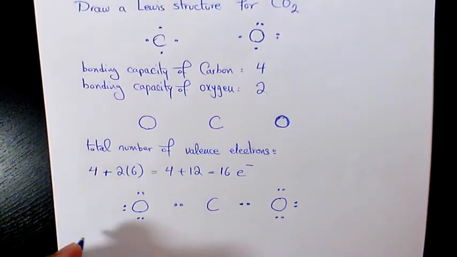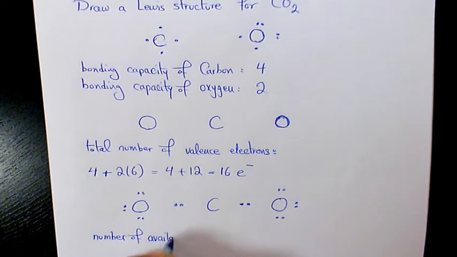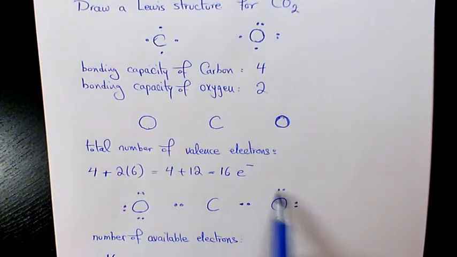Now we need to find out the number of available electrons. It's gonna be 16 minus 1, 2, 3, 4, 5, 6, 7, 8. 8 times 2, 16.